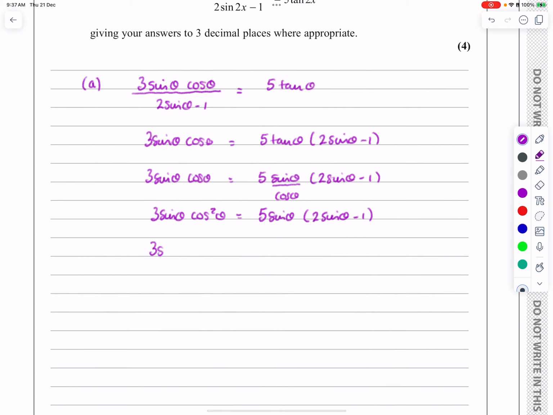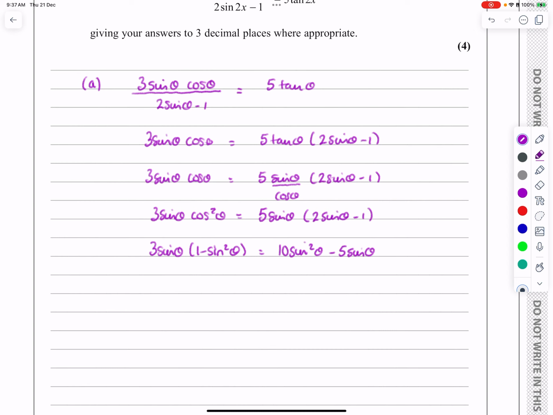So I'm going to get 3 sine theta, 1 minus sine squared there, is equal to 5 sine theta times 2 sine theta is 10 sine squared theta, and then 5 sine theta times minus 1 is minus 5 sine theta.